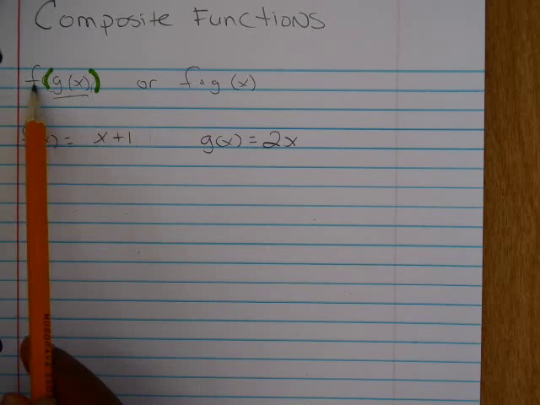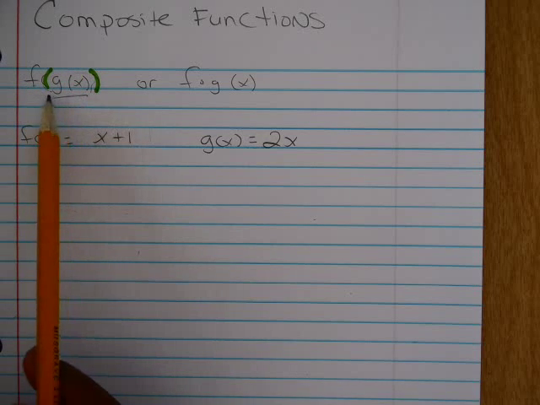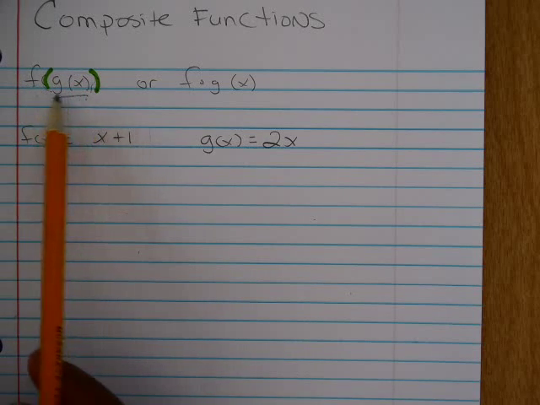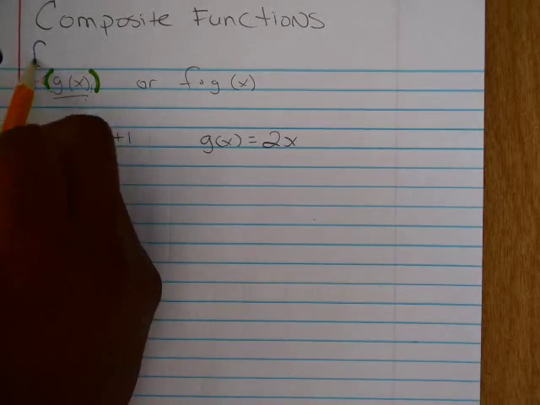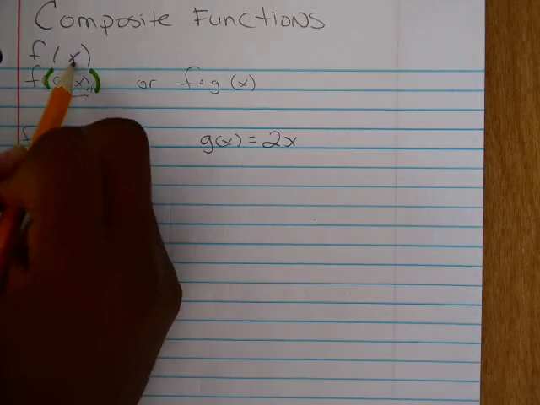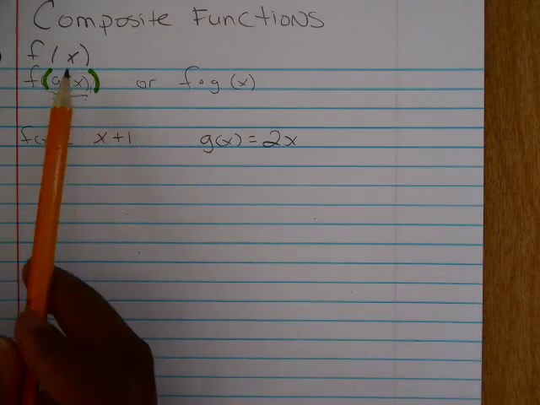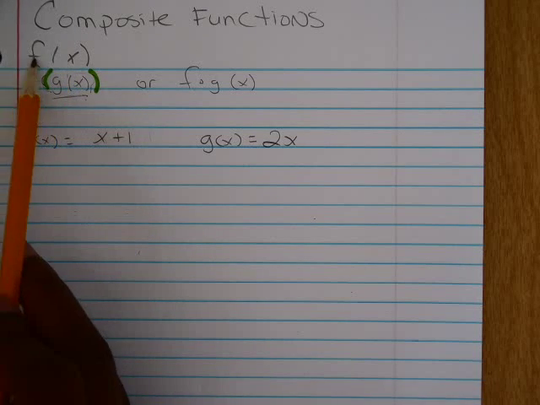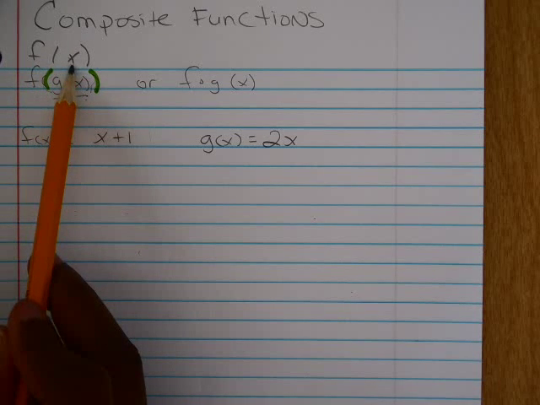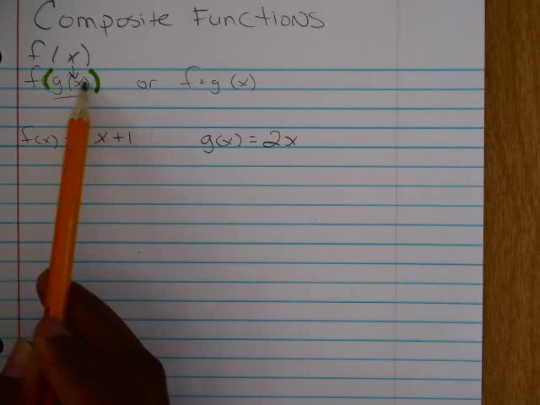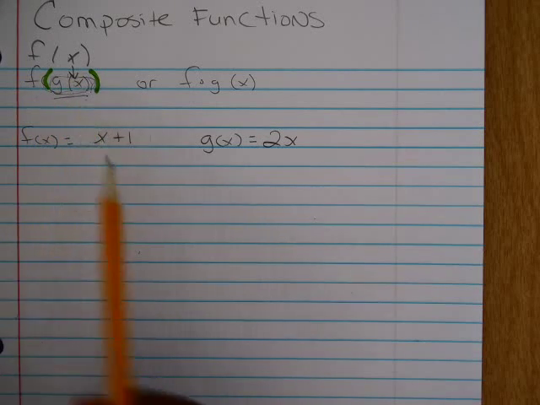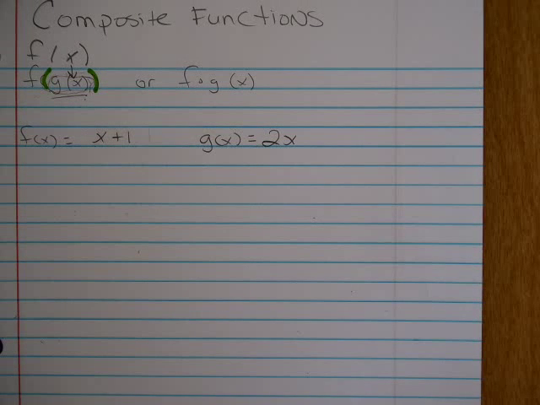And again, f of g of x represents the output. This is very similar to remembering f of x. So if I had x as my input, then f of x is my output. And in this case, again, notice that the entire function g of x represents the input.